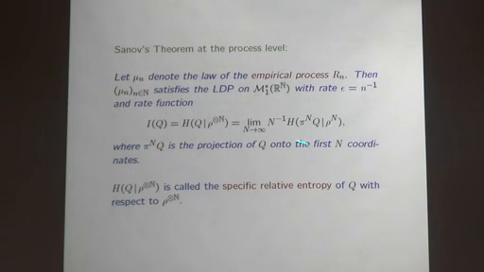This limit exists because you can prove that this quotient is decreasing in n. So for every fixed q, this is a decreasing sequence, and therefore it has a limit. This limit might be 0, it might be infinity, but it always exists.